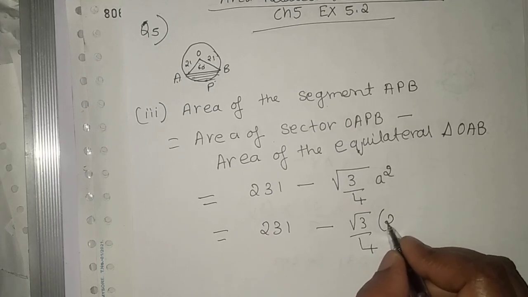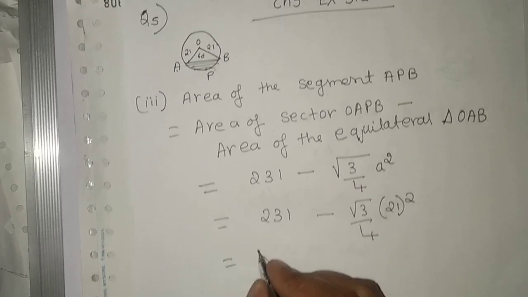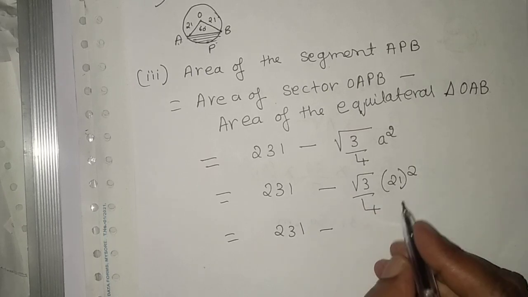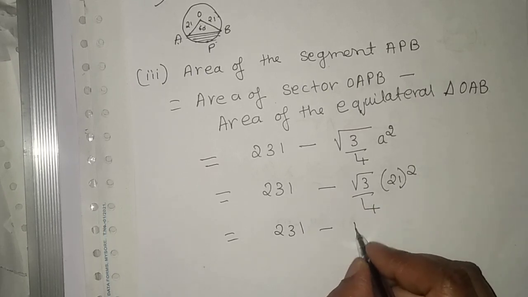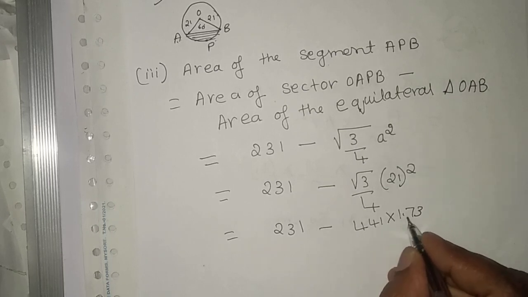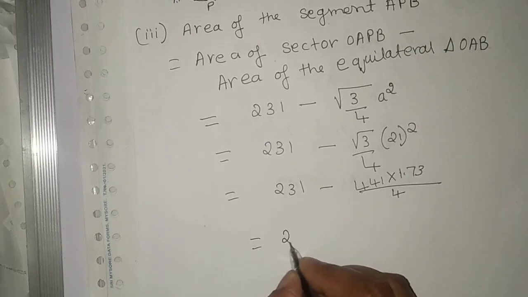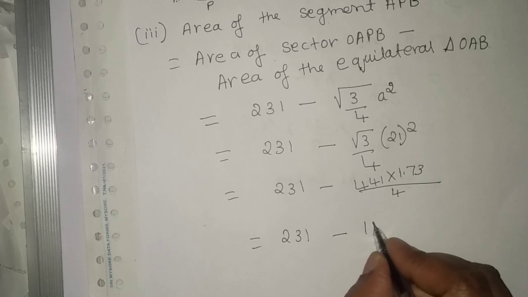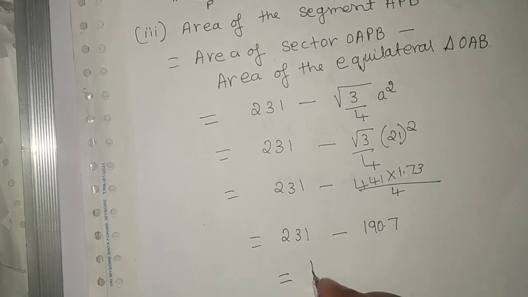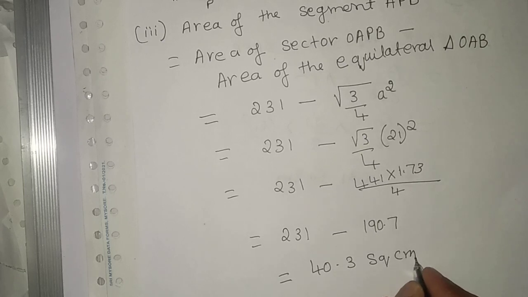A square is 21 square, which is equal to 231 minus 441 into 1.73 by 4. Next is 231 minus 190.9, which is equal to 40.3 square centimeters.